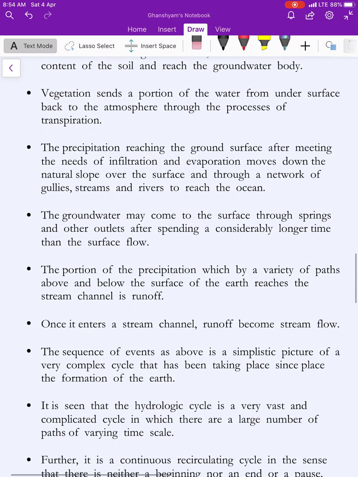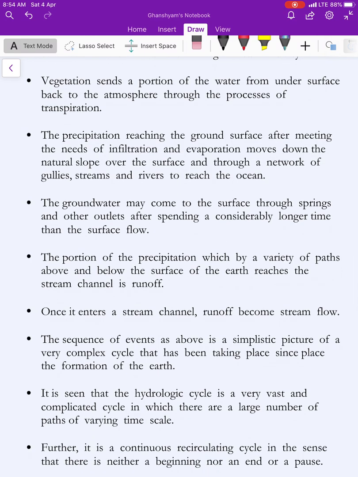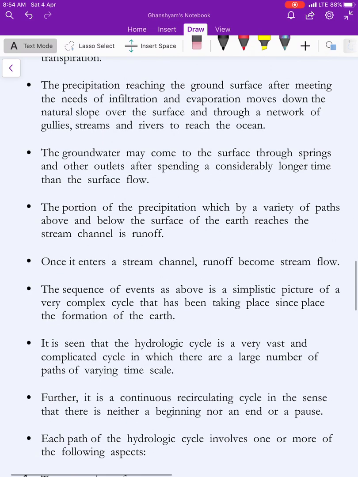The precipitation reaching the ground surface after meeting the needs of infiltration and evaporation moves down the natural slope. So due to gravity, the water will move down and finally reach the ocean. The groundwater may come to the surface through springs and other outlets after spending a considerably longer time than the surface flow.